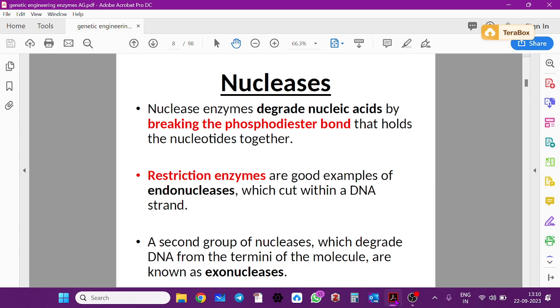You can amplify them, take them, and cut one of these plasmids with restriction enzymes, then use an enzyme known as ligase and ligate that foreign insulin gene into the plasmid. And then you can transform this plasmid with the human insulin gene into a bacteria. Now the bacteria is starting to make human insulin.